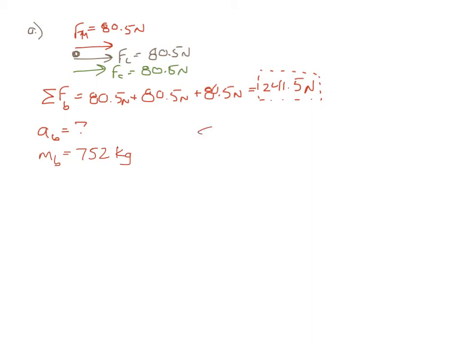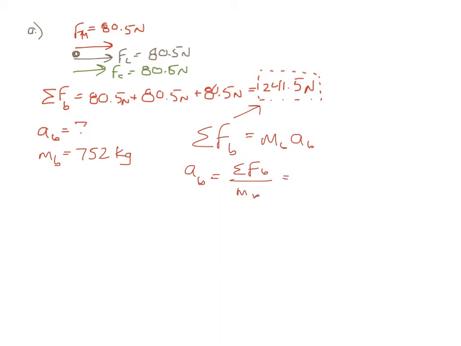Well, we know that the net force on the boat equals mass of the boat times acceleration of the boat. We have our net force and our mass. All we have to do is solve for acceleration. So the acceleration of the boat is the net force on the boat divided by the mass of the boat.